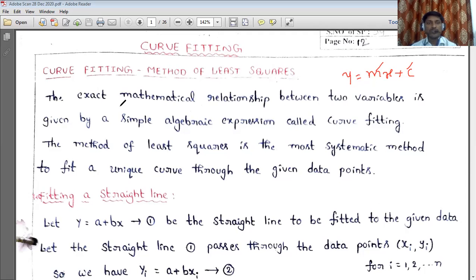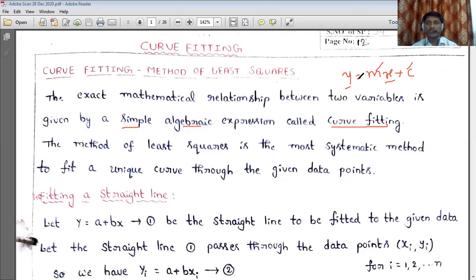So what is meant by curve fitting? Here we say the exact mathematical relationship between two variables, given by a simple algebraic expression, is called curve fitting. It means a relation between two variables, where x is one variable and y is another variable.